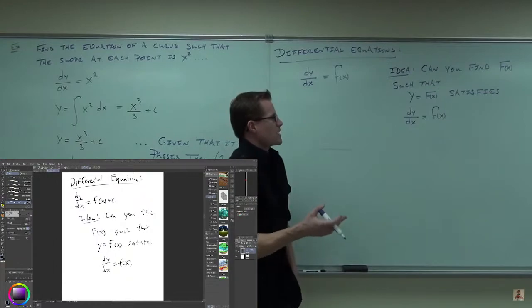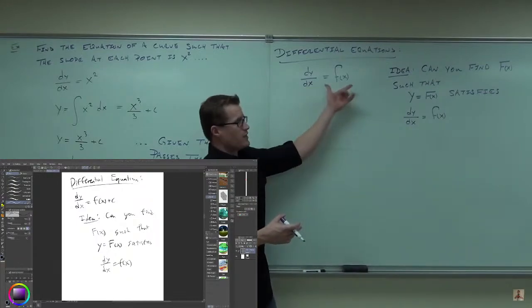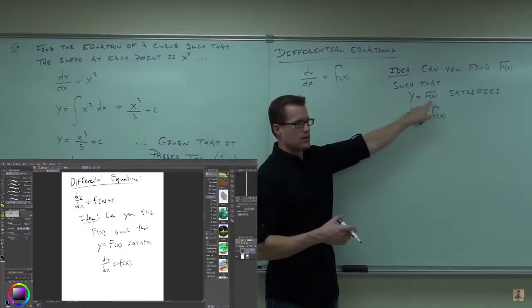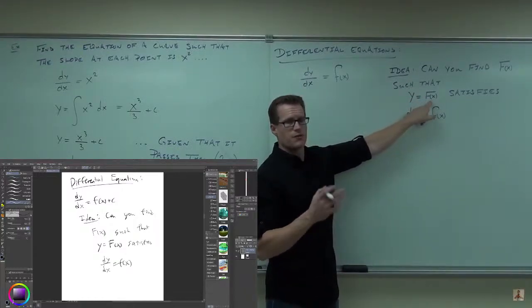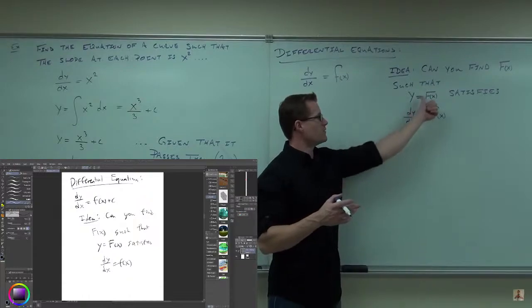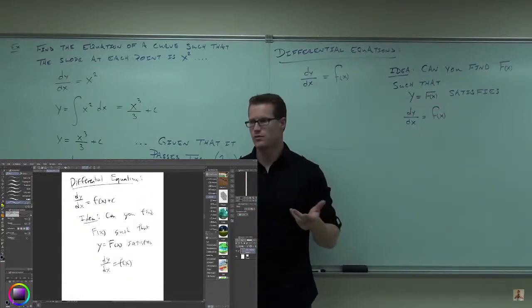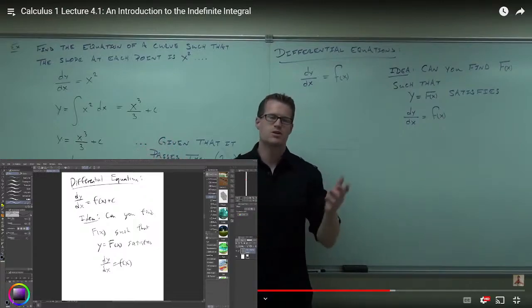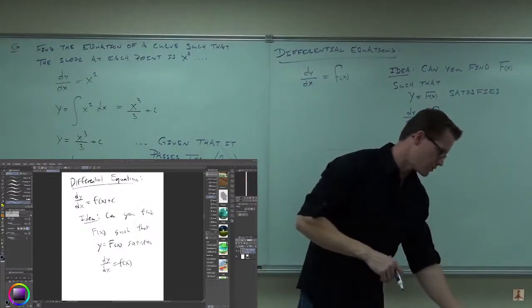The idea is basically the same thing. If you know the derivative is f of x, can you find an antiderivative, basically, a function so that when I take the derivative of it, it gives me our original function back again? That's the idea. It's essentially the same as this. Let me show you how this works with what's called an initial value problem.